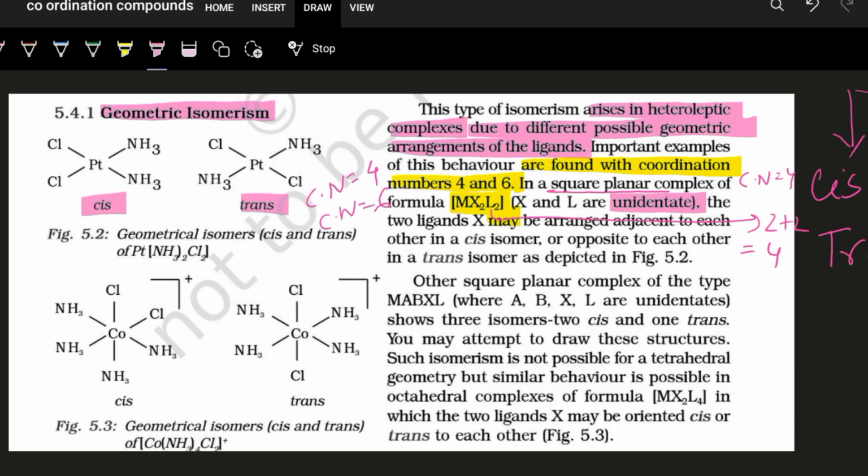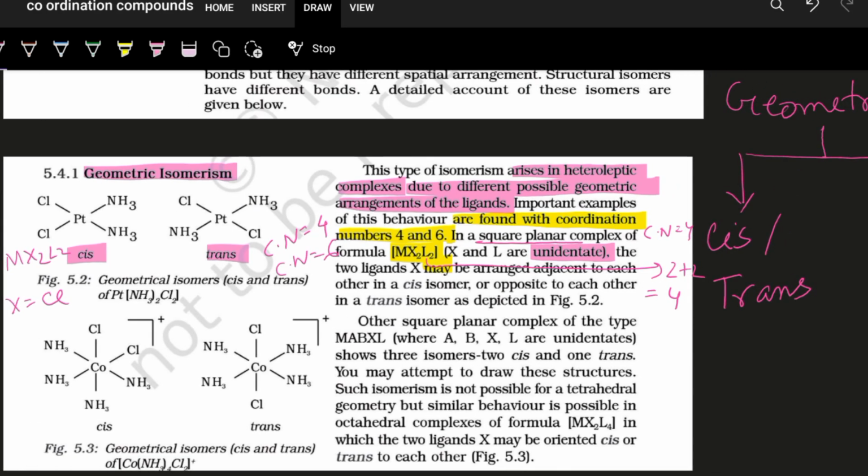Let us elaborate with MX2L2. If X is equal to Cl and L is equal to NH3, then it is of this form. If these two are on the same side, it is cis, and if they are diagonally opposite, it is a trans isomer.